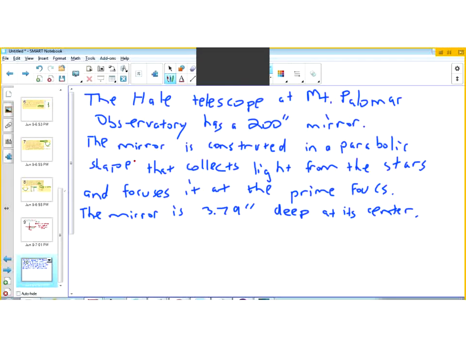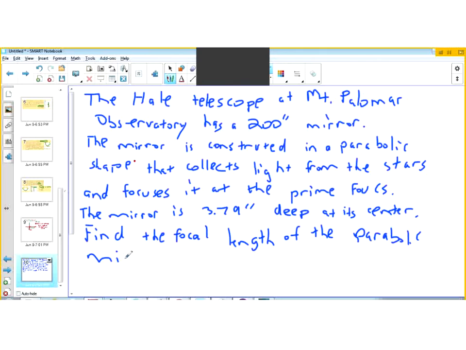All right. Find the focal length of the parabolic mirror. In other words, the distance from the vertex of the parabola to the focus.